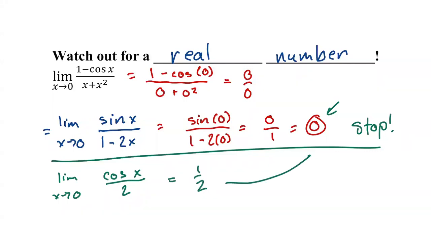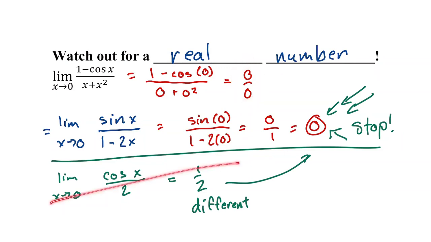But notice that this is different. So make sure that you actually stop once you find some real value. You can only use L'Hôpital's rule when you have an indeterminate form. So this is a do not do, because we did not have an indeterminate form.